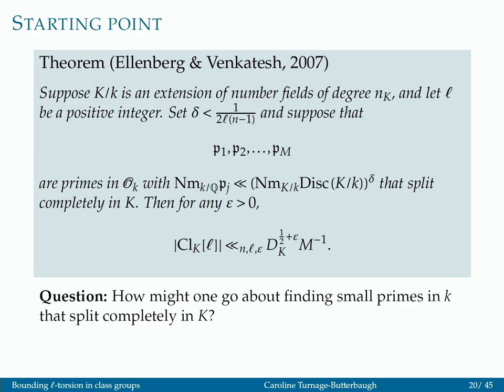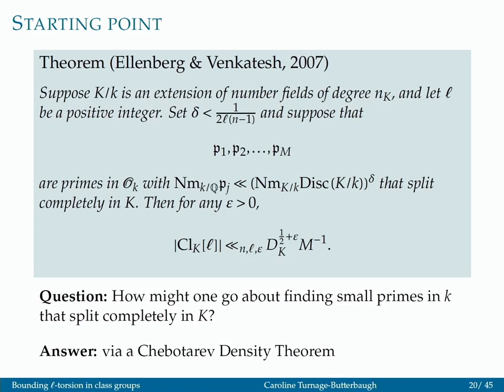And so the question then is, the whole point, if I want to shave anything off of the trivial bound, which is right here, then I've got to find some primes that split completely in K and that have small norm. And so the question is, how do you go about finding primes that split completely in K with small norm? And the answer is you appeal to a Chebotarev density theorem.